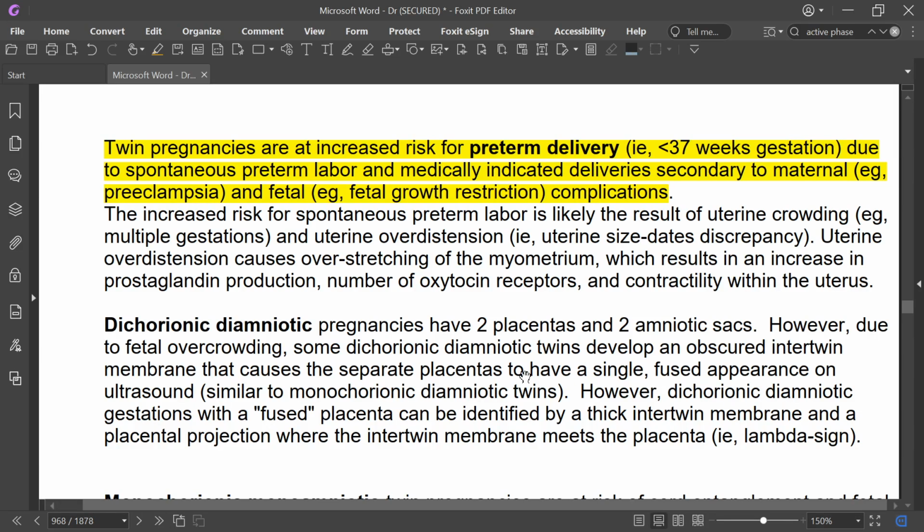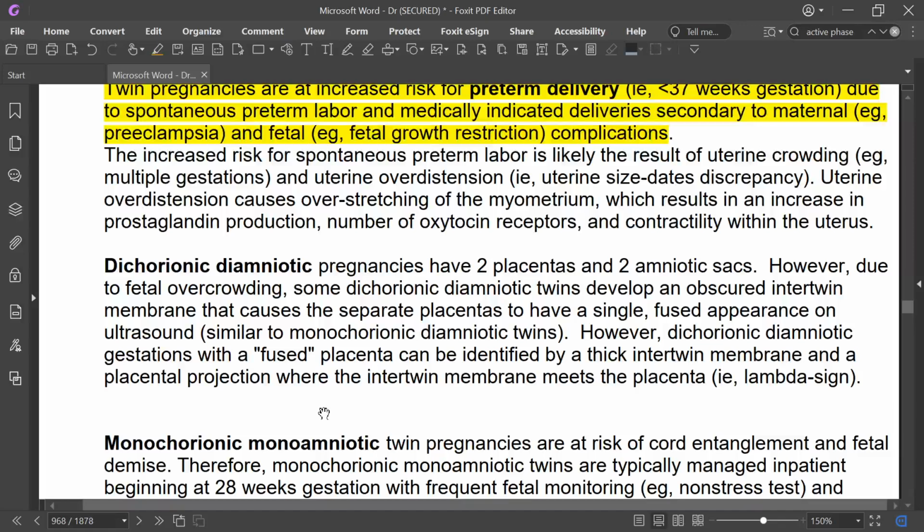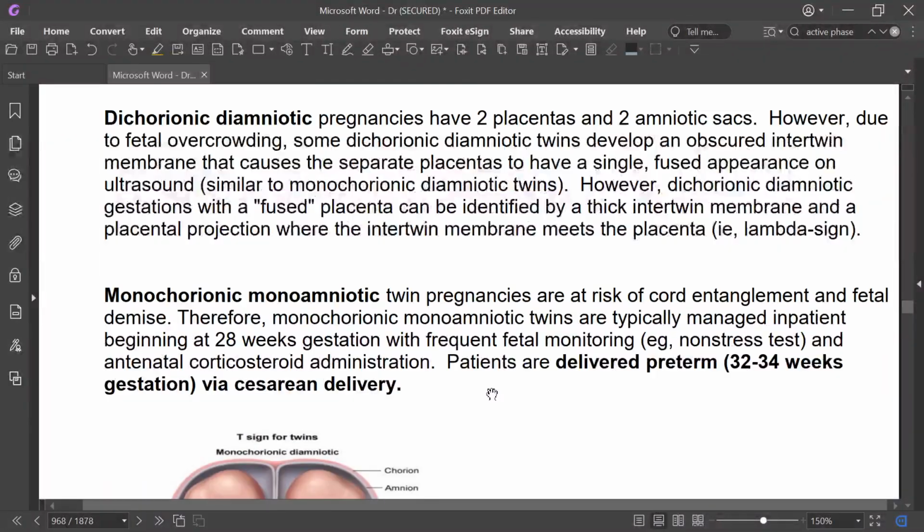However, dichorionic diamniotic gestations with a fused placenta can be identified by a thick intertwin membrane and a placental projection where the intertwin membrane meets the placenta, the lambda sign.